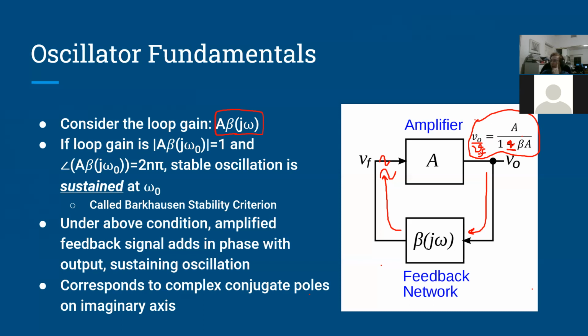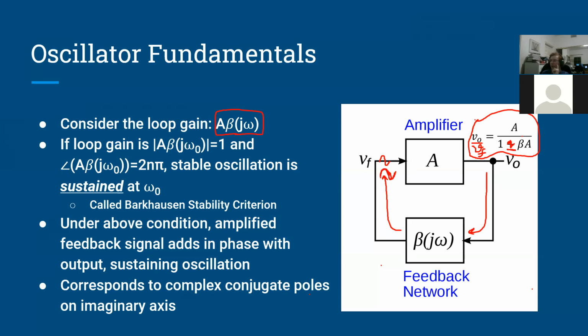while VF is 0. So if you think about it more intuitively, suppose you have some signal on the input, just for now, imagine that. It gets multiplied by A. It goes around the feedback path, then it gets multiplied by beta. And by the time it comes around, it'll be some sinusoid with some amplitude and some phase.